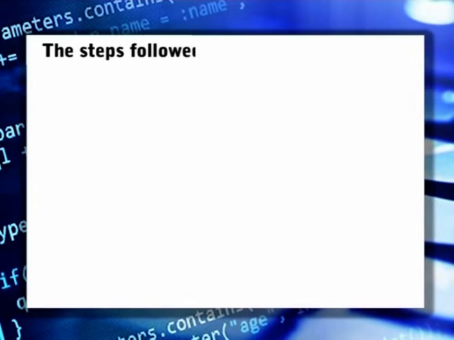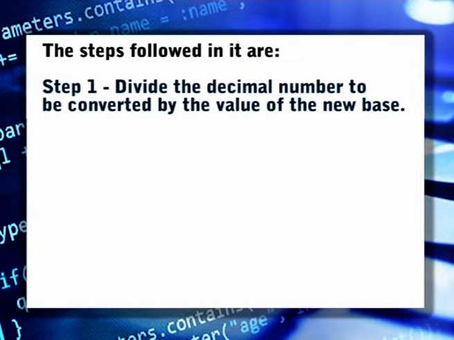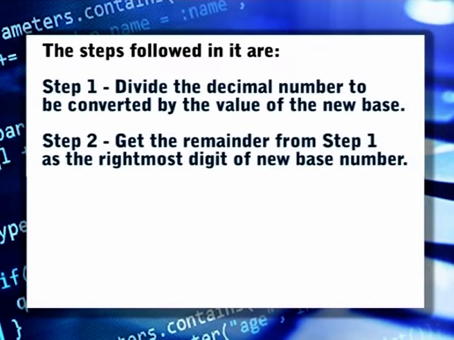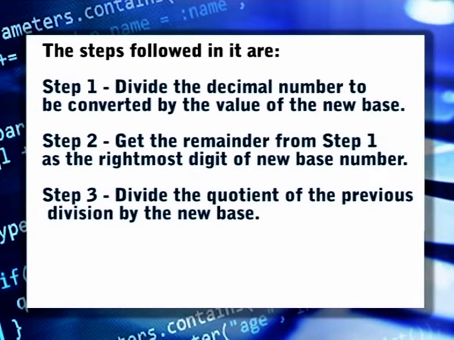The steps followed in it are: step number 1, divide the decimal number to be converted by the value of the new base. Step number 2, get the remainder from step 1 as the rightmost digit of new base number. And in step 3, divide the quotient of the previous division by the new base.